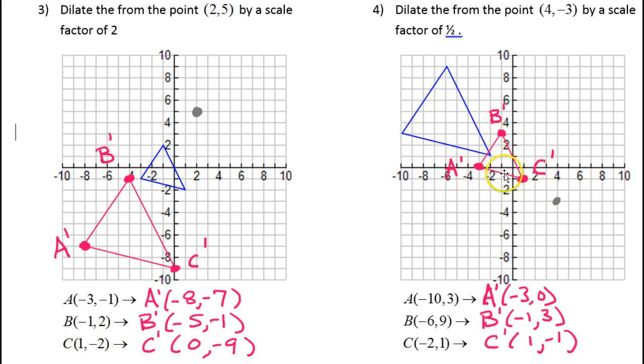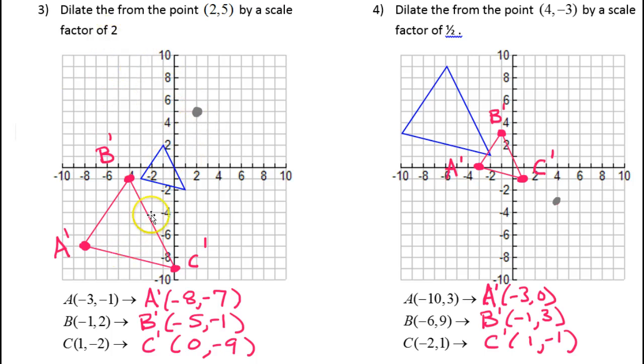This would be the image of this original triangle after a scale factor of 1/2, when this little guy, 4, -3, is the center of dilation. Notice that the image is getting closer to the center because the distance from all of these points to the center is now half as much, as opposed to when we went the other way, when the scale factor was 2.